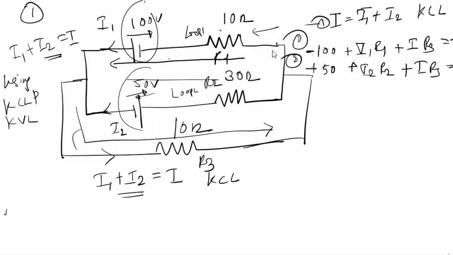Now the question is what I need to do to solve these equations. One way to do that could be to just find the value of I for the circuit.